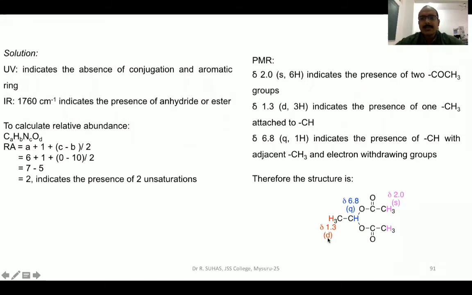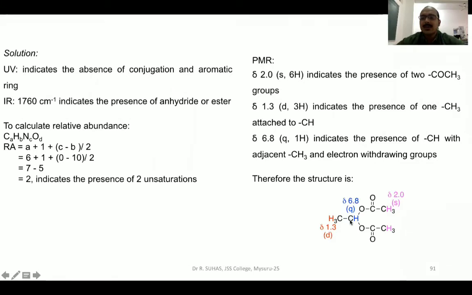Now we have to assign the NMR values for this. So 1.3 is a doublet because the neighboring proton, there is only one H, and hence it appears as a doublet. And this appears as a quartet because the neighbor has 3 protons; by the n plus 1 rule, 3 plus 1 is 4, that's why it shows a quartet. It has a very high value, 6.8.